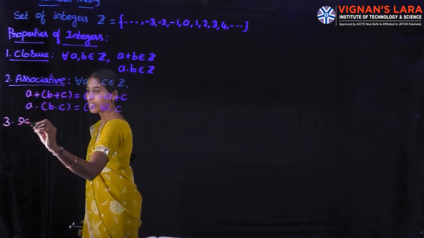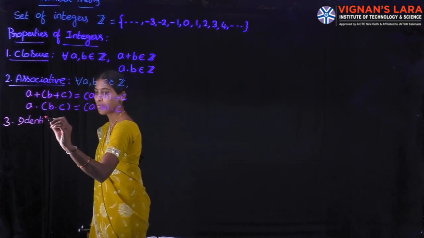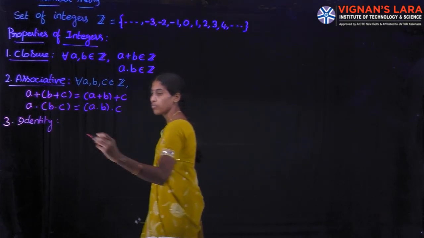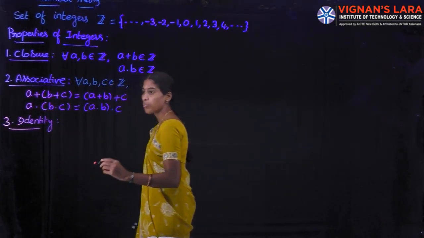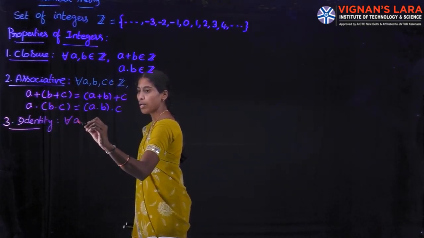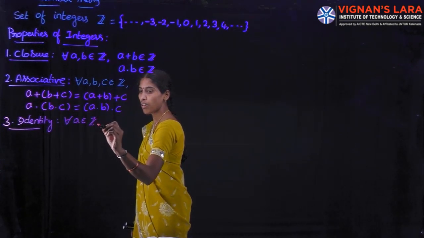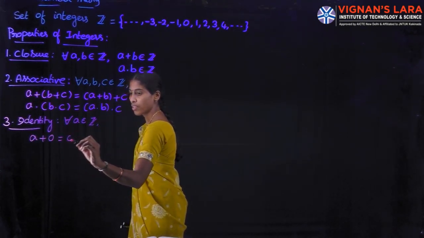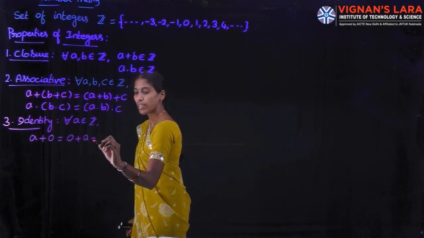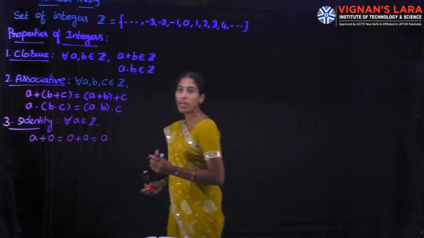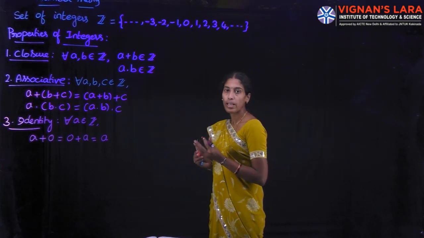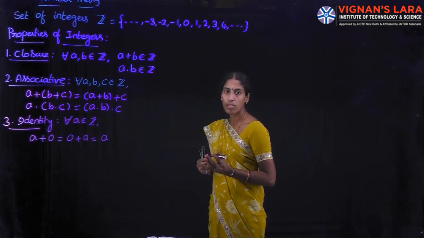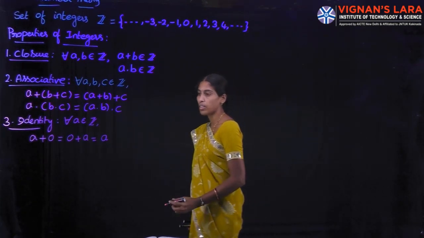Third one is identity. This is the third property. For any a belonging to Z, the set of integers, what is the identity law? If we apply an element to the identity element and the element a carries as it is, we call it the identity element, right?